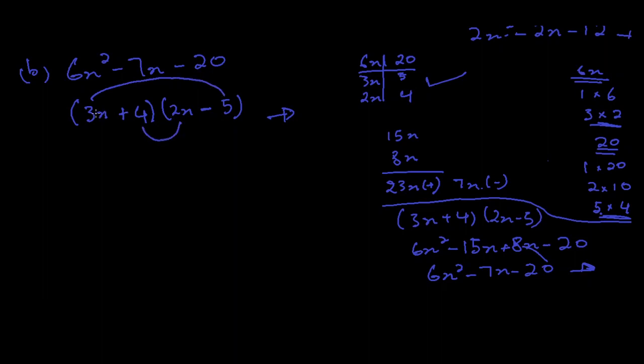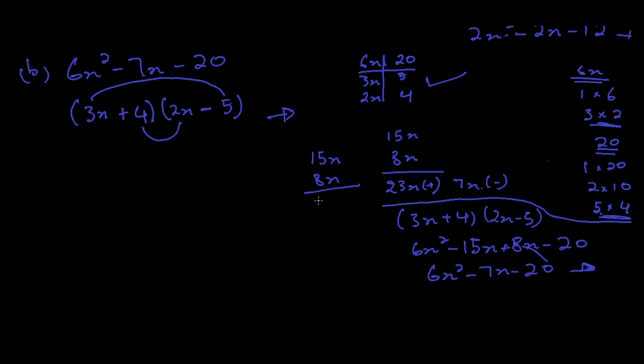When you multiply your values here and here, for example, I multiply the 3 and the 5, I get 15x. Then I multiply the inner 2, I get 8x. Then when I add or subtract them, they give me the middle term.